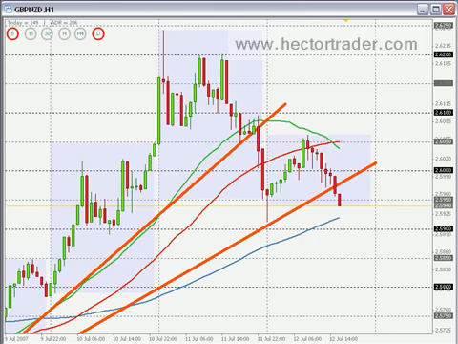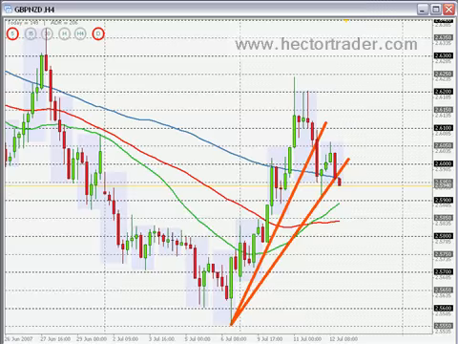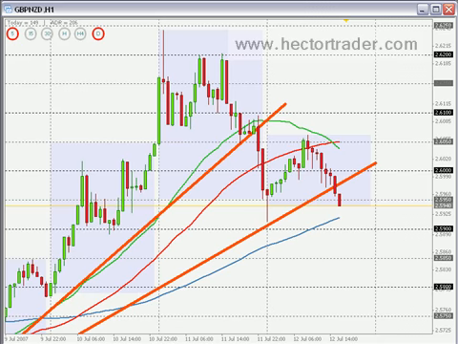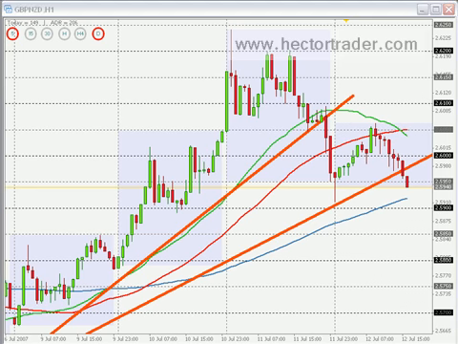Then another setup that I'm following, GBP against the New Zealand dollar. I just talked about this one in the previous video before going for lunch. This nice bounce off the dynamic area of support. I'm seeing in the shorter time frames two retracement trend lines broken.